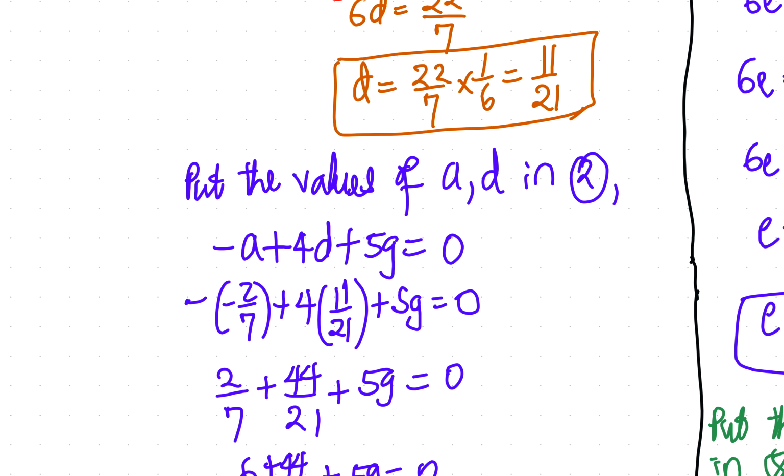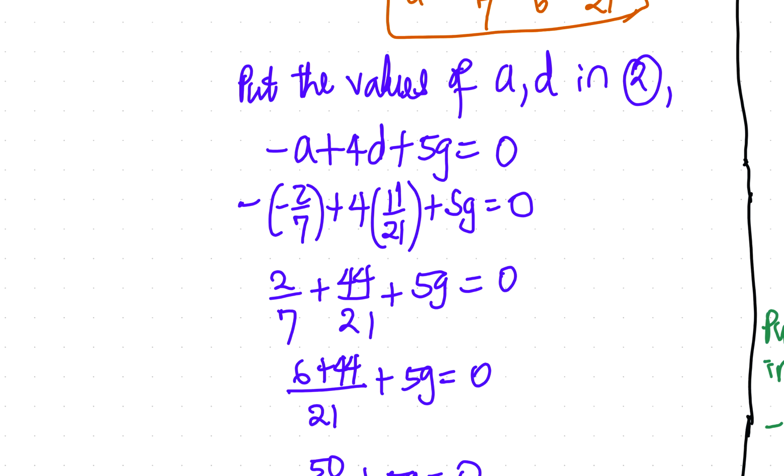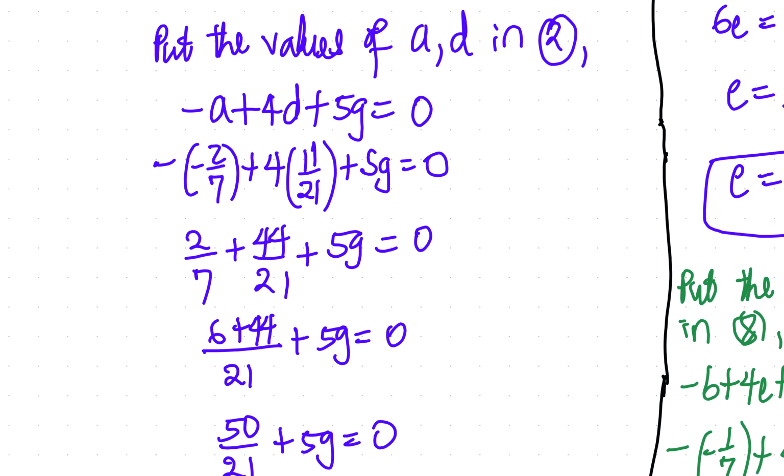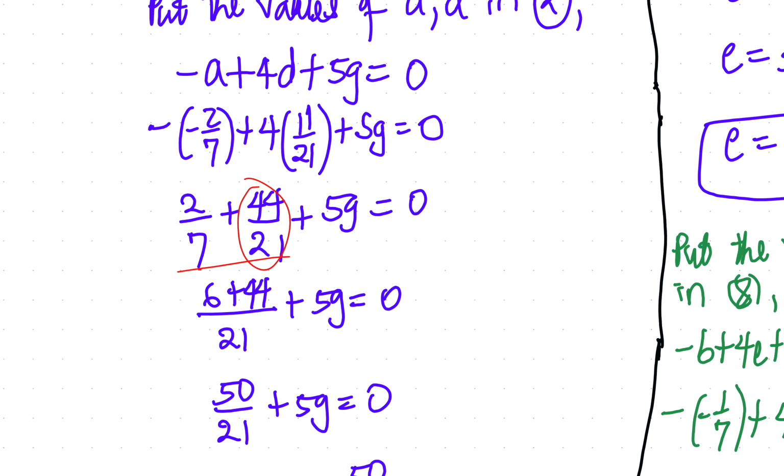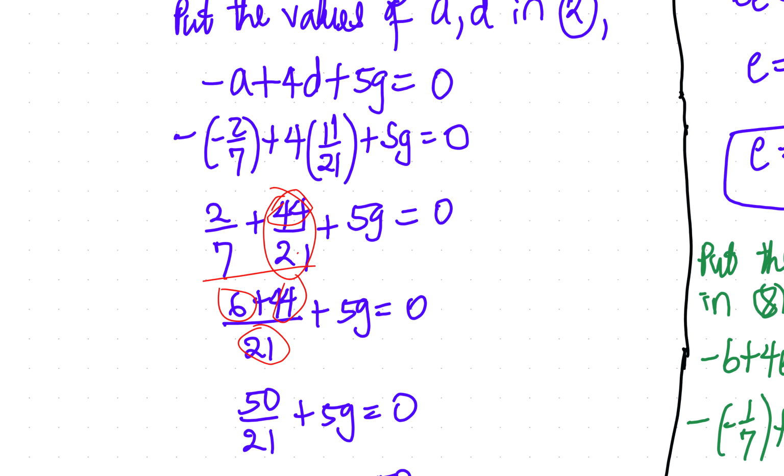Okay. So minus 2 over 7, that's 2 over 7. Then plus 4 times 11, that's 44 over 21, plus 5g equals 0. So I take the LCM of this. 7 and 21, that's 21. 7 in 21, 3 times 2, 6. 21 in 21, 1 times 44, 44. So that's 50 over 21 plus 5g equals 0.